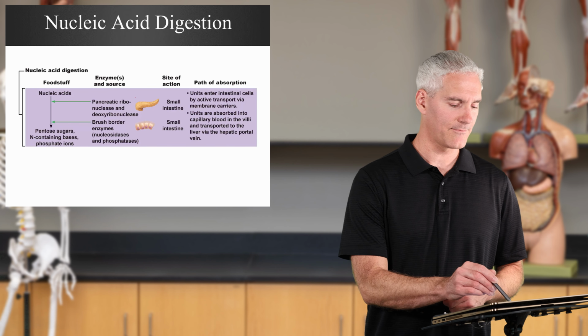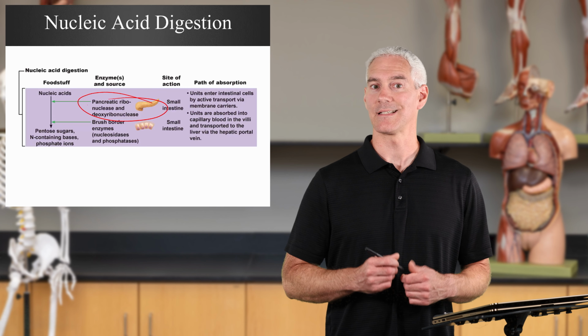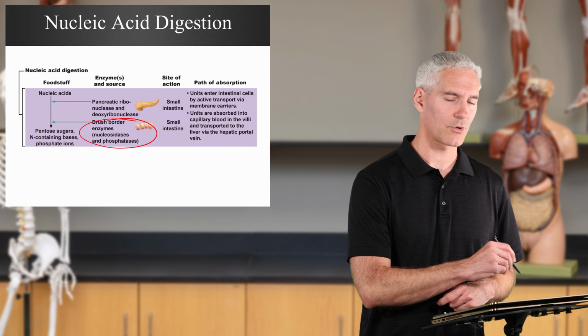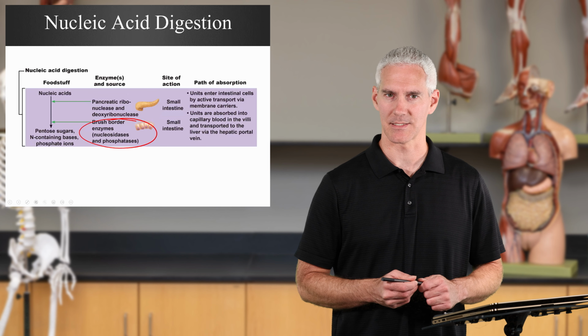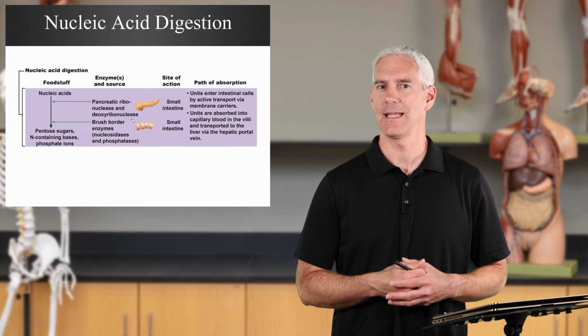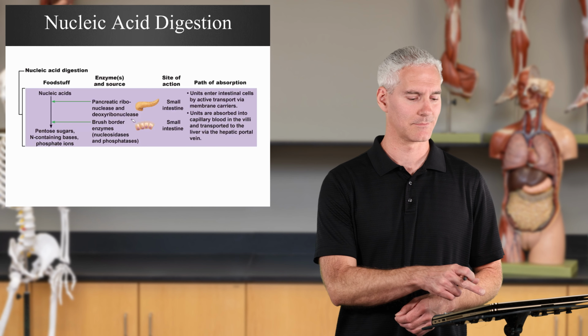So again, we're looking at liver, ribonuclease, deoxyribonuclease, but we also have some brush border enzymes that can help out in the process. Again, the liver is the main one, but you do have some aid from the brush border enzymes. All right, the 4 macromolecules are set now, looking at the physiology of digestion of each one of the 4 macromolecules.